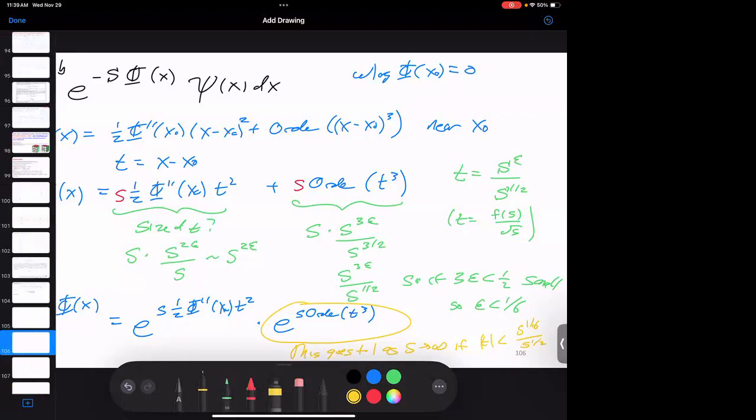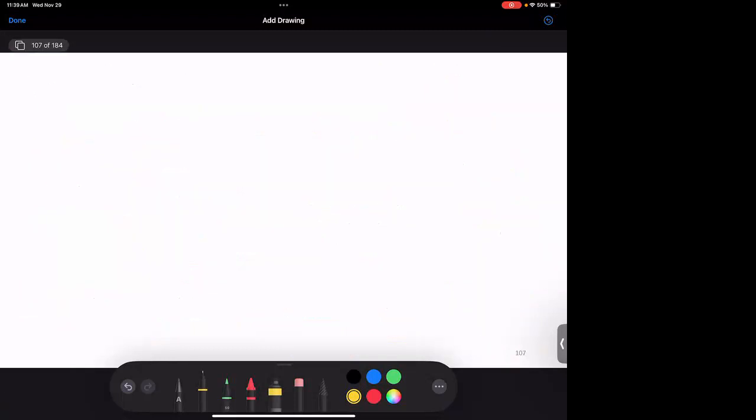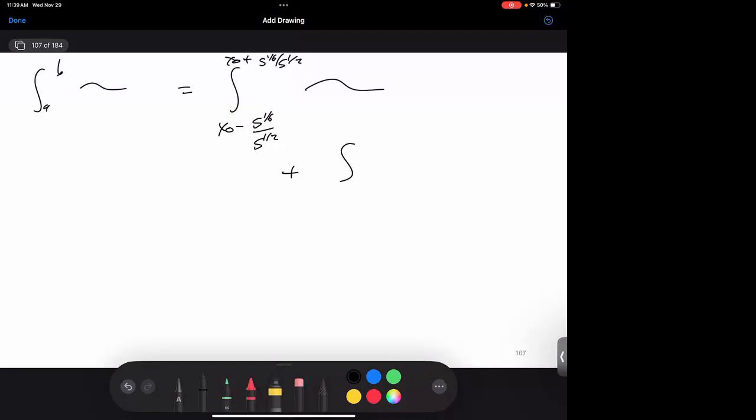And so what we've now shown is that our integral from a to b of what we had is basically the integral from x naught minus s to the 1/6 over s to the 1 half, to x naught plus s to the 1/6 over s to the 1 half, plus the integral over x minus x naught greater than s to the 1/6 over s to the 1 half.